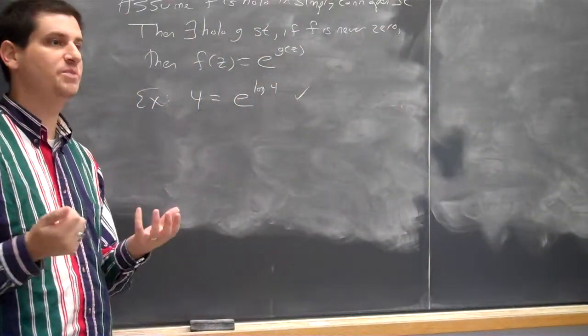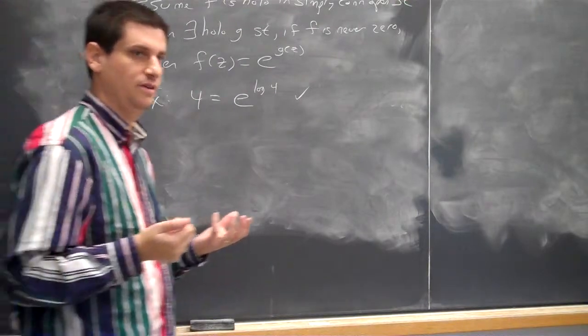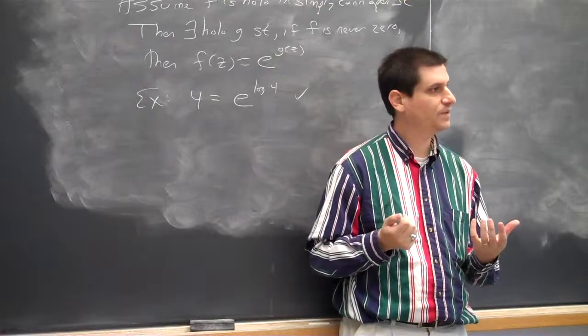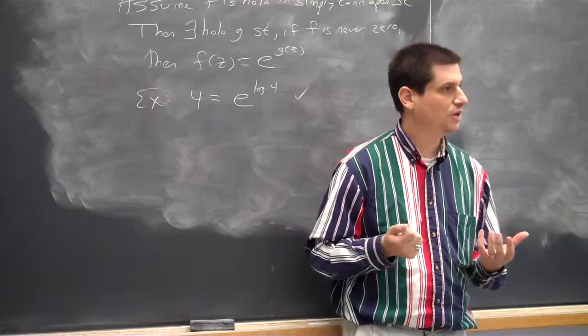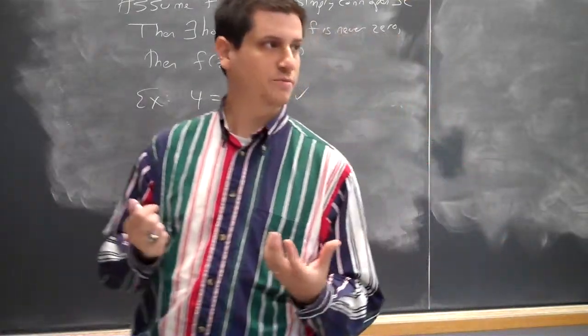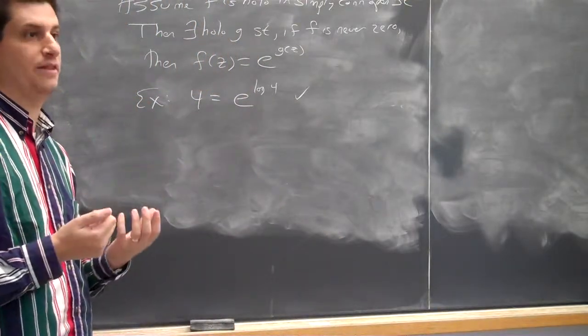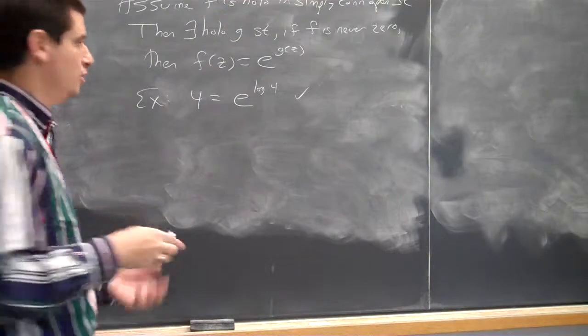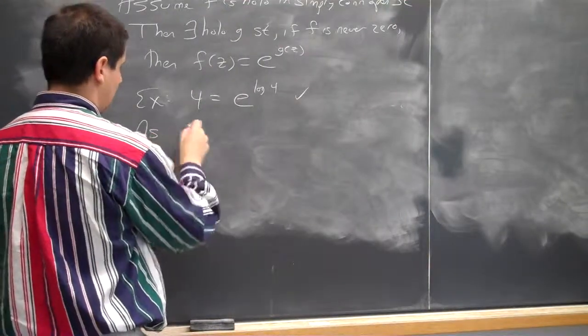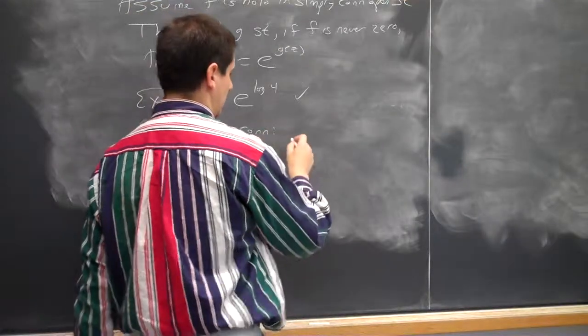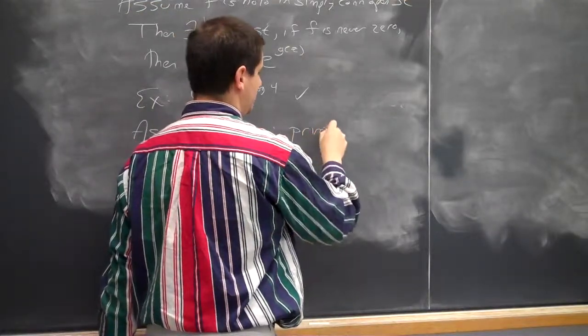So if you have a region that's simply connected, there's a very nice result we have. Holomorphic functions have primitives. And in fact, we can define a primitive by integrating over a path. Right? So, as simply connected, primitives exist.